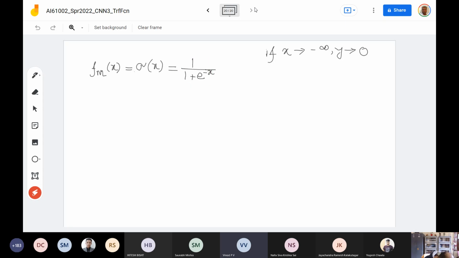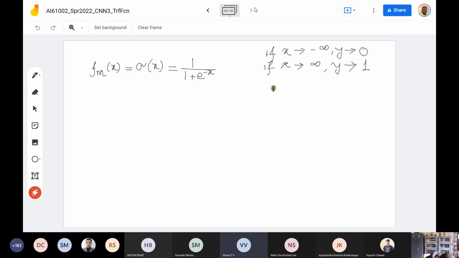On the other side, if x tends to plus infinity, what will y tend to? 1, sir. y will tend to 1. How will that happen? x tends to plus infinity, which means e power of minus infinity. Any positive number raised to minus infinity tends to 0. So this becomes 1 by 1 plus 0, which makes it 1, and that's why it tends to 1.